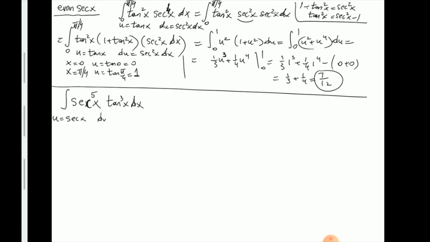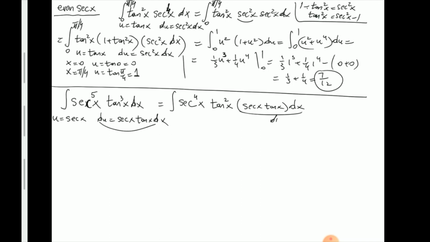And that means you need to save separately the derivative of secant, which is secant tangent. So you pull a secant and a tangent from these powers and make sure you write correctly the remaining power. So you're left with secant fourth, you're left with tangent squared, and then, as I said, secant x tangent x, together with dx in preparation for this substitution.